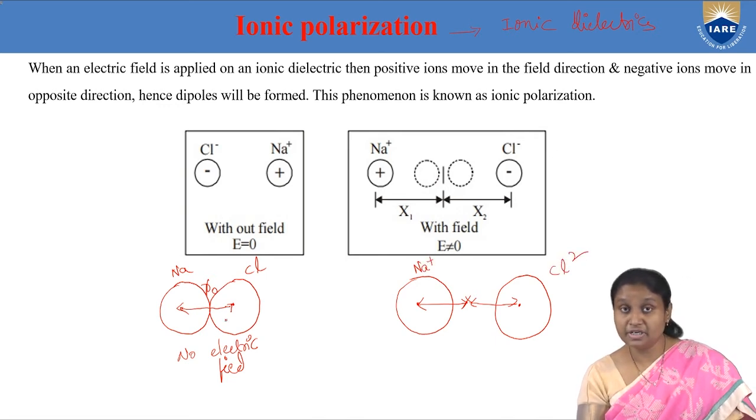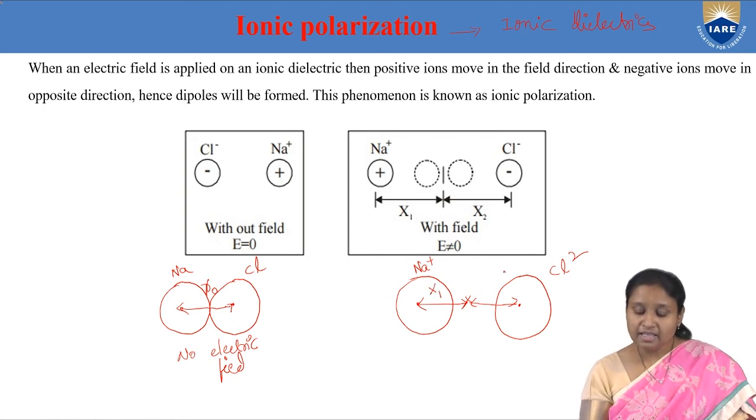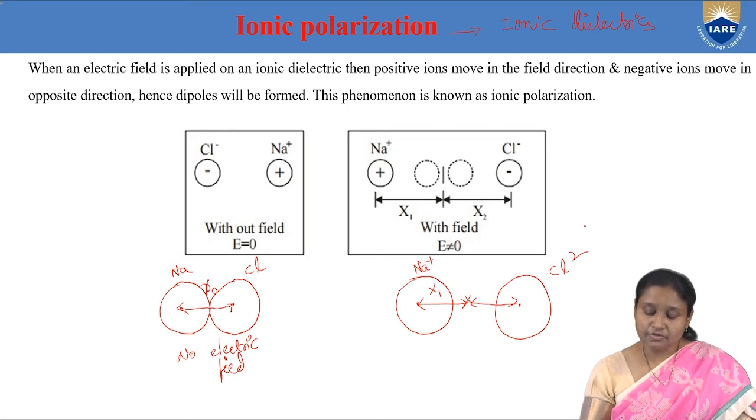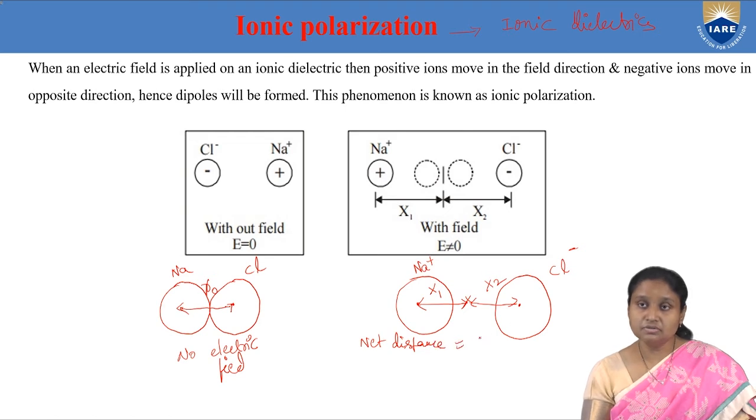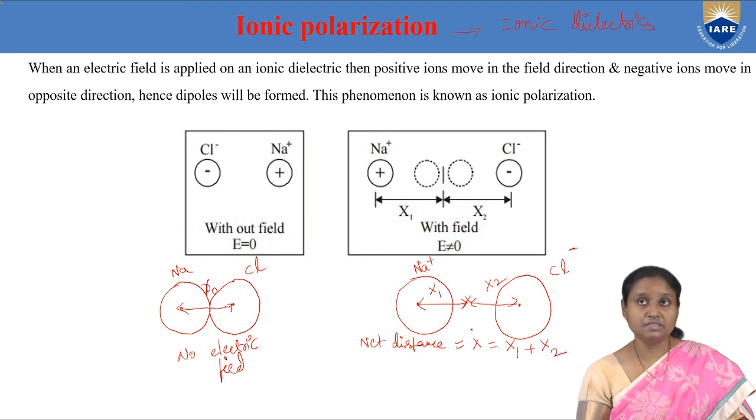Before, they were separated by the equilibrium ionic spacing; now the Na plus ion has moved through distance x1, and the Cl minus ion has moved through distance x2. The net distance between these two oppositely charged ions I am taking as x, which is equal to x1 plus x2.